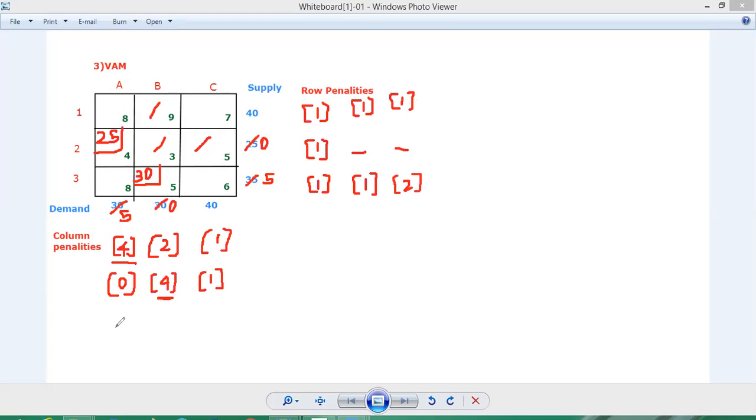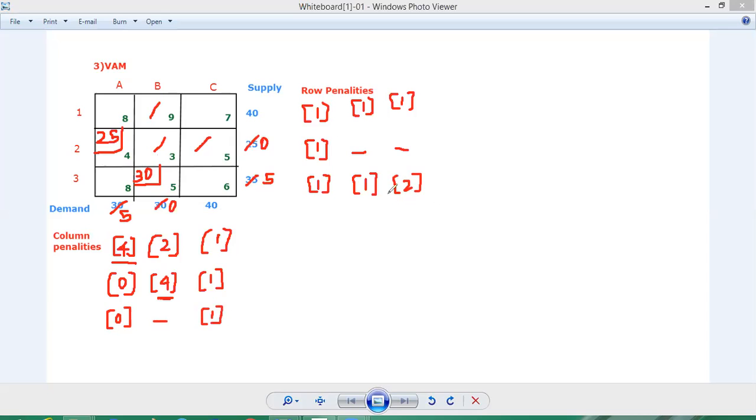Now column penalty here again you will get the same 0 as a penalty, and here you don't have to compute. So two cells got deleted and one cell got allocated. To this cell we have allocated resources. Again here 7 minus 6, the penalty will be 1.